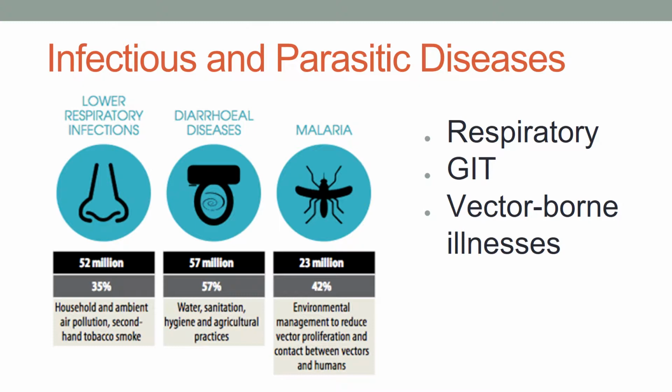All these above mentioned conditions are linked to air pollution, secondhand tobacco smoke, and household pollution. In fact, as many as 4.5 million deaths occur each year due to indoor air pollution from the use of solid fuels as a source of energy for cooking.